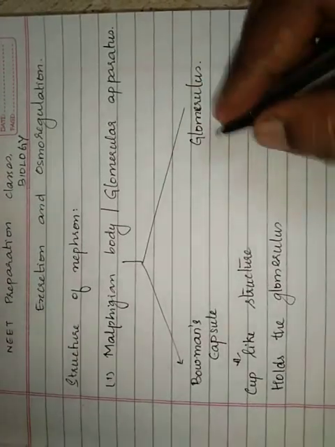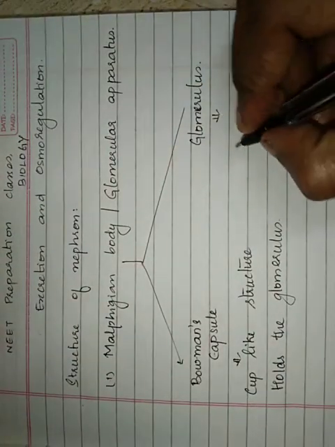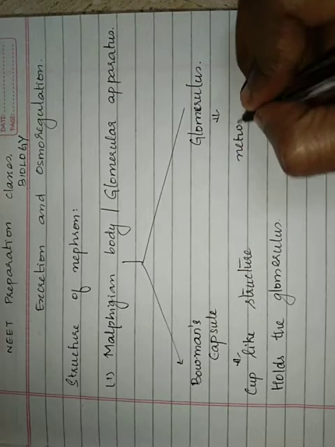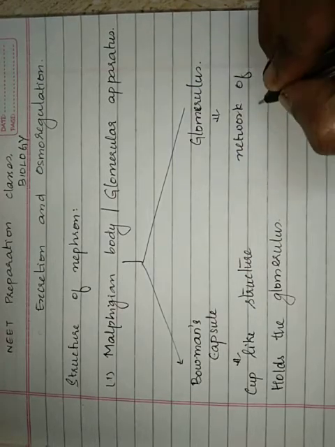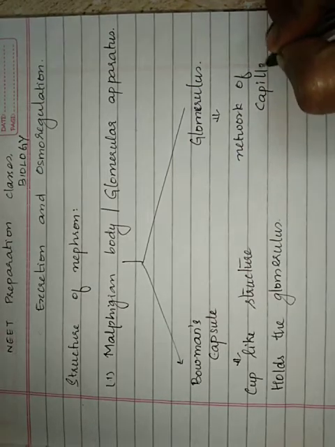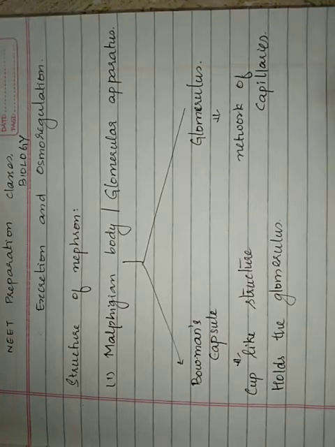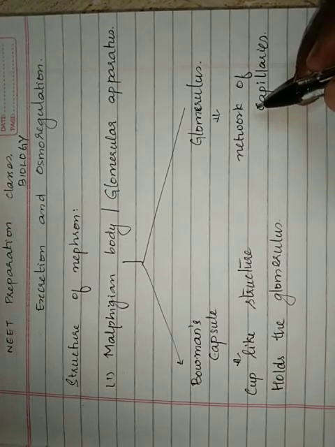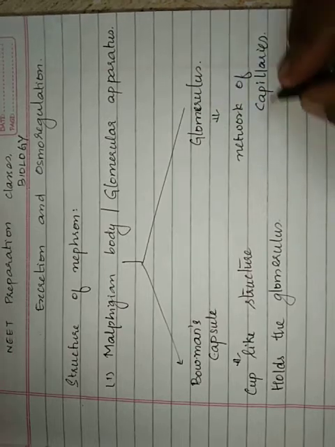Now, what is the glomerulus? The glomerulus is a network of capillaries. So blood, for purification, is going to come through the glomerulus, that is, the network of capillaries.